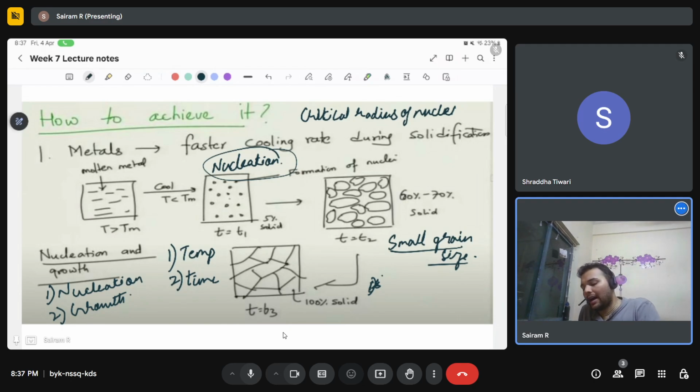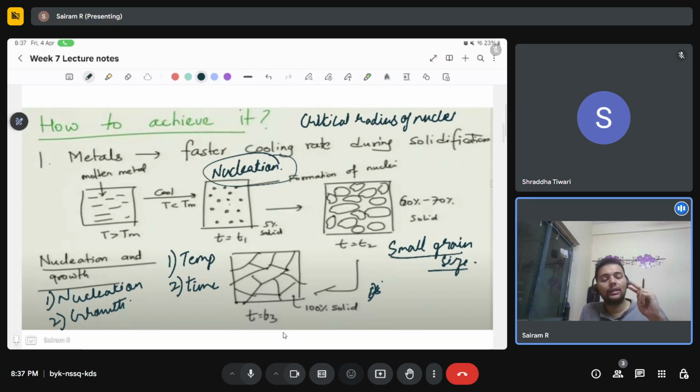Now, as soon as the nucleus forms, there are two reactions happening parallelly in the molten metal. One is further nucleation at lower and lower temperatures, and the second is the growth of the already formed nuclei.